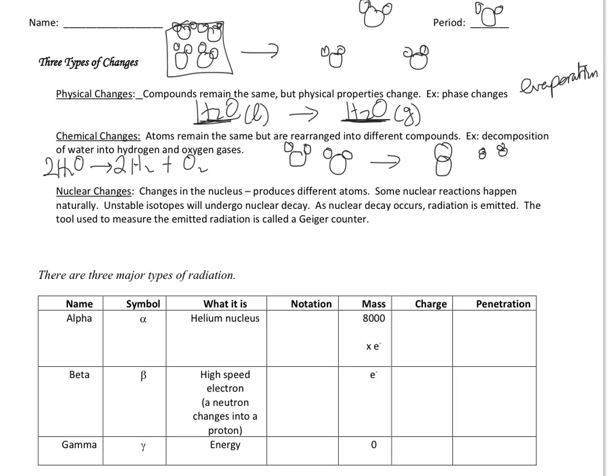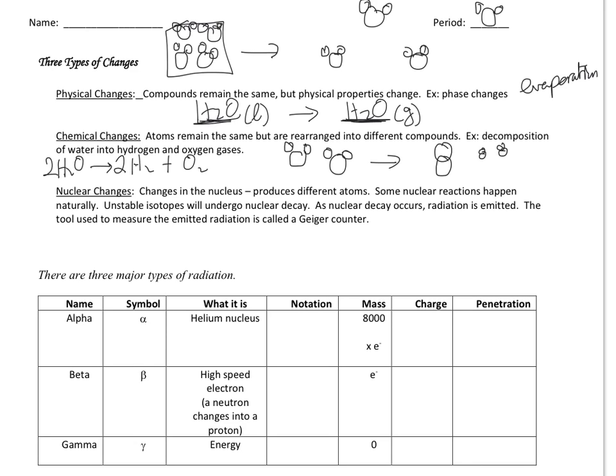And as nuclear decay happens, radiation is emitted. Now, when we say nuclear decay, that doesn't mean it decays into nothing. When we think of decay, usually we think of the substance just going away, but in reality, it doesn't go away. It just turns into another substance. And usually this happens with some radiation being emitted.